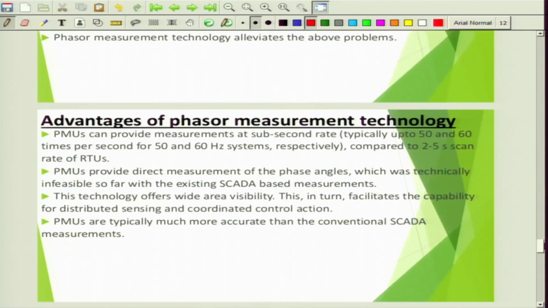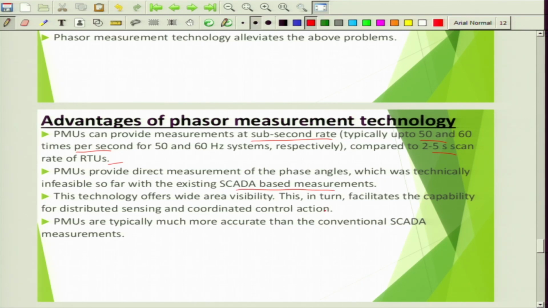You can see here, PMUs can provide measurements at a sub-second rate, typically up to 50 and 60 times per second for 50 and 60 hertz systems, compared to the 2 to 5 second scan rate of RTUs. So PMUs provide direct measurement of the phase angles, which was technically infeasible so far with the existing SCADA based measurements.